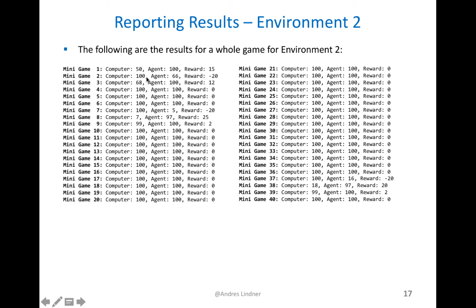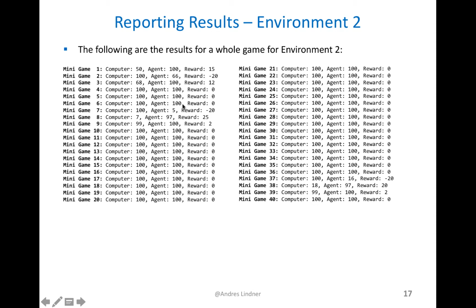Then when the computer chooses 100, as a result of what the agent chose, the agent chooses 66, which is clearly not a good idea. Of course you will get, in any case, minus 20 if you choose a lower number, but you should choose as low a number as possible.